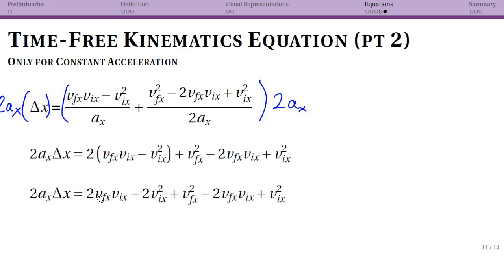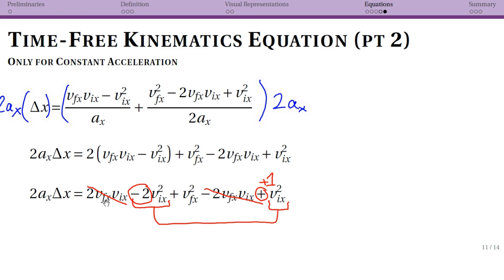Now we're going to distribute that 2, and we're going to start canceling. So 2 goes in front of both of these terms, and now note that at this point, this still doesn't look really good, but I have 2 v final times v initial, and then over here I have a negative 2 v final v initial. So I actually get to cancel those. Also note here that I have a vix squared and a vix squared, so I can combine these together, but be careful because I have a kind of a plus 1 here and a negative 2 there.